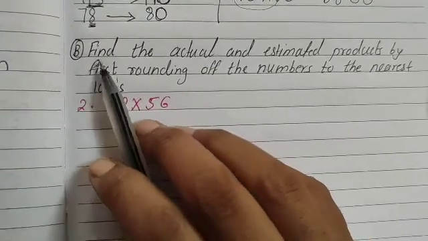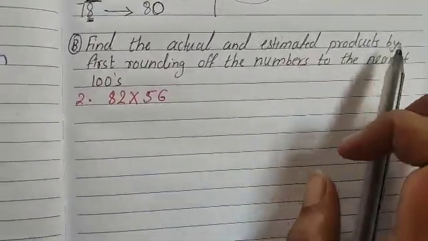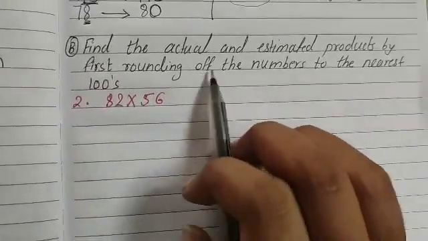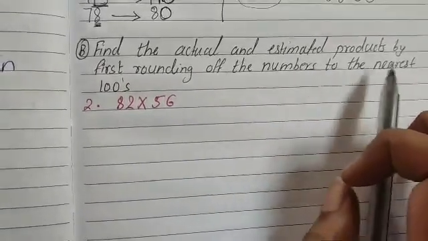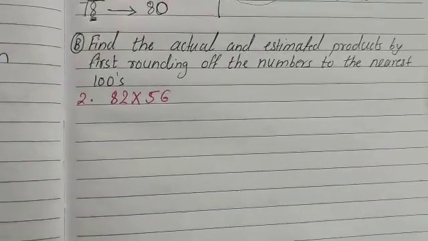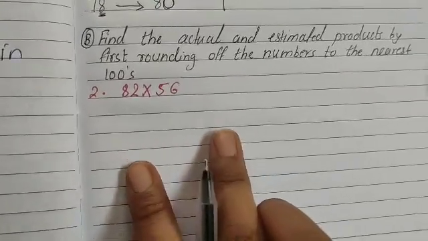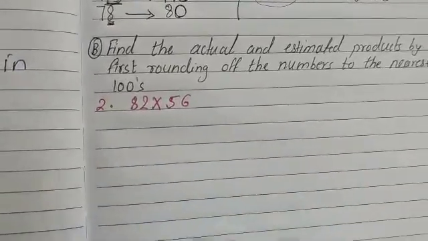See student, question B. Find the actual and estimated products by first rounding off the numbers to the nearest 100. Now we have to round off a number to the nearest 100. Here also we have to follow the 2 steps. See student, what to do?